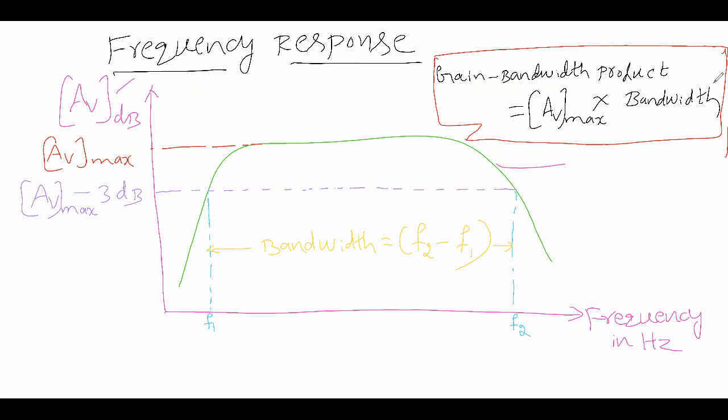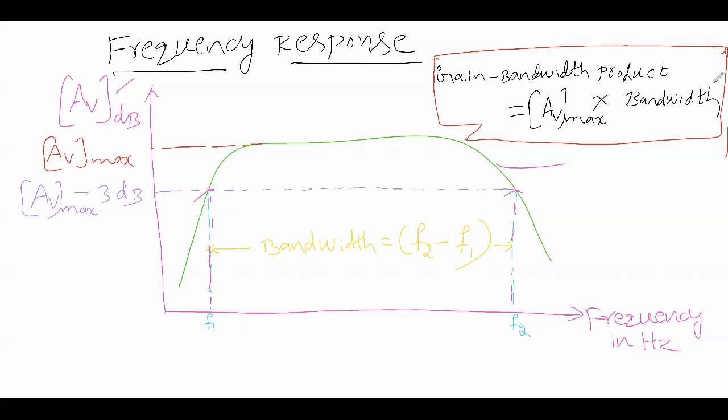Find AV max, then come down by 3 dB from the maximum. See where the AV max minus 3 dB line intersects the frequency response, and from the intersection points draw vertical lines to the frequency axis. The lower frequency is called F1 and the upper frequency is called F2.